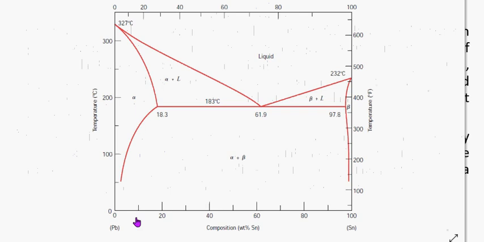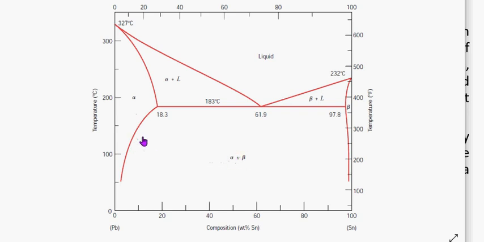For example, if we have an alloy at 10% by weight tin, and at around 200 degrees, here is the solid solution alpha, single state region. So as it's being cooled, the moment it crosses this solvus line, it will change to alpha plus beta.